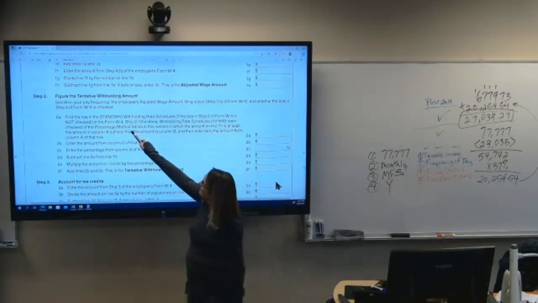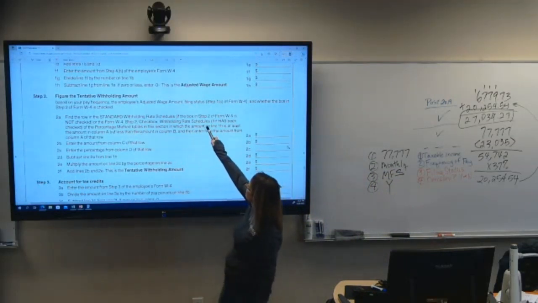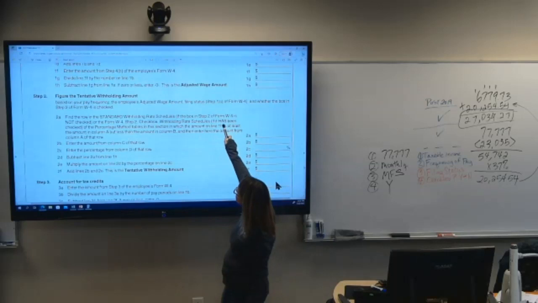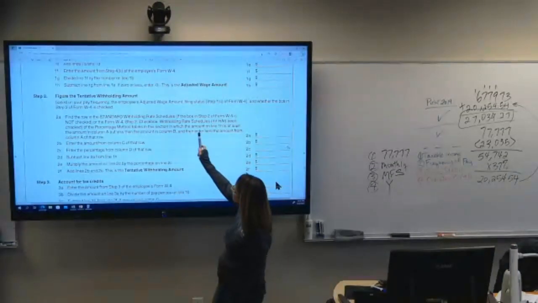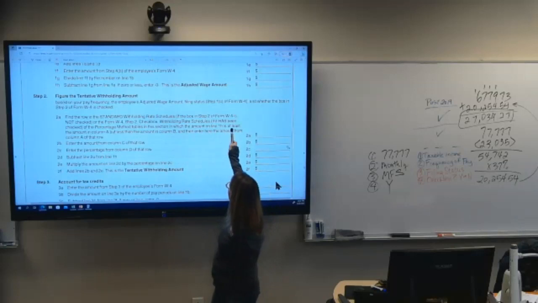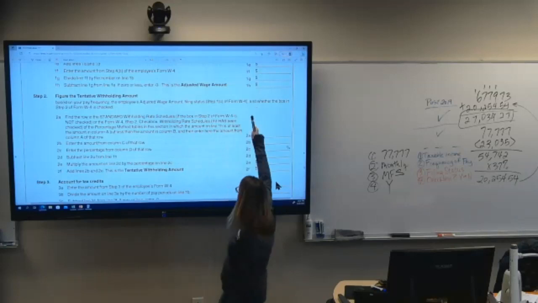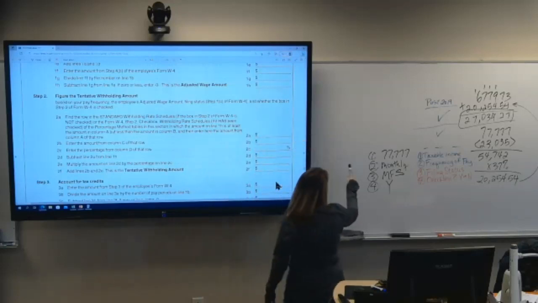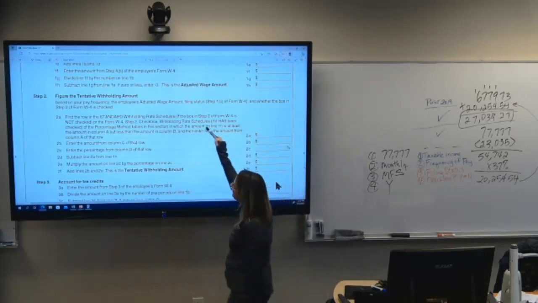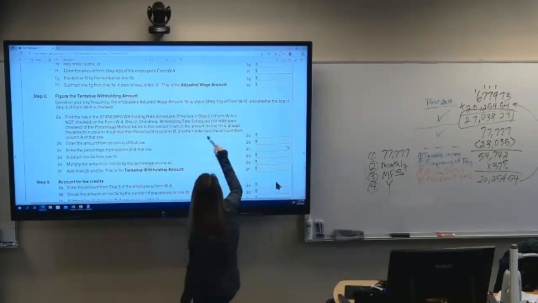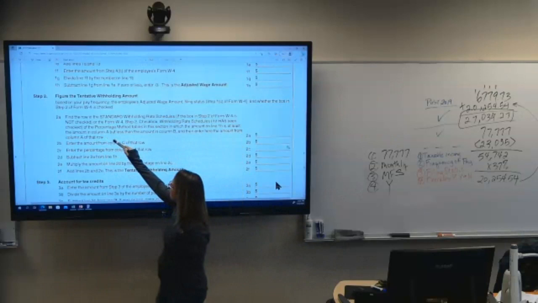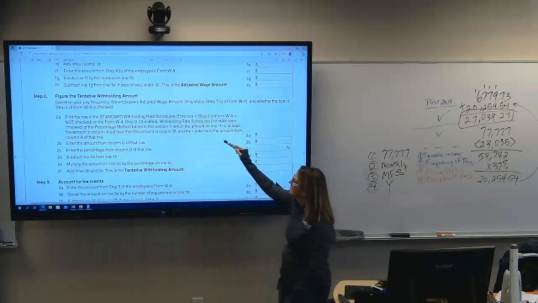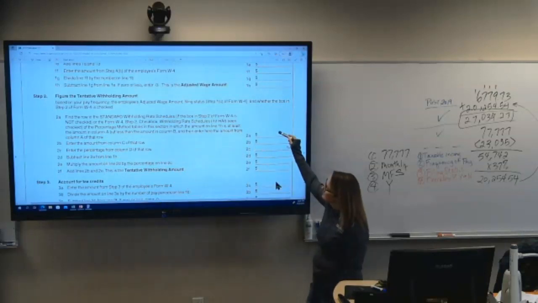So here, find the row in the standard withholding rate schedules, the percentage method, in which the amount on line 1H, that was our tentative wage amount, is at least the amount in column A, but less than the amount in column B. Enter here the amount from column A of that row.